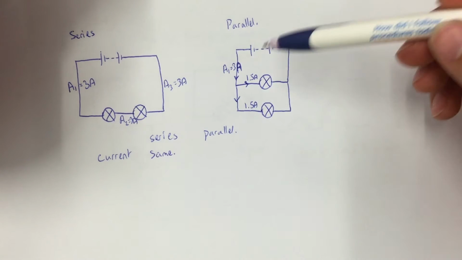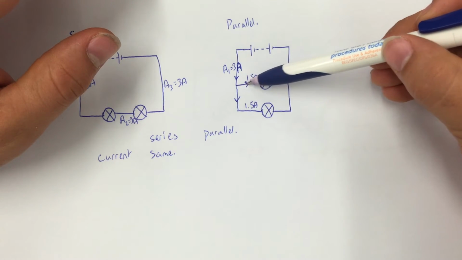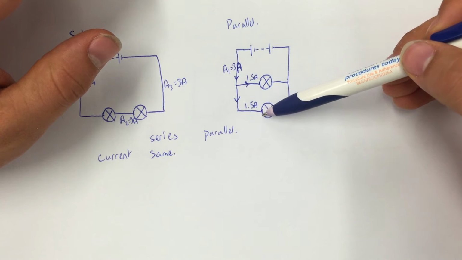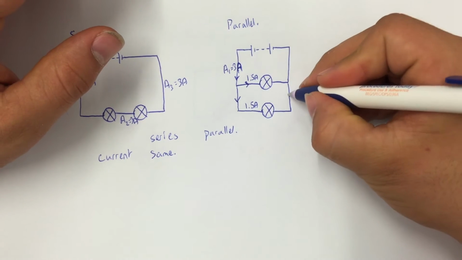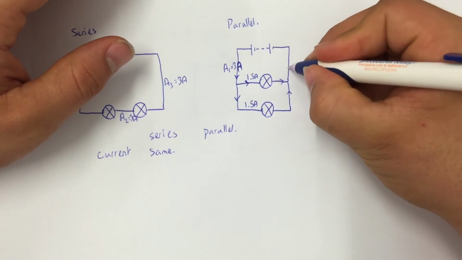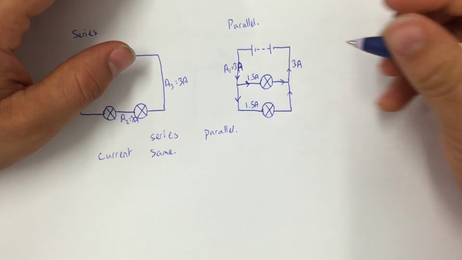Now if you think of this as like roads, then I would have half my cars go this way, half my cars go this way, and then over here when they join back up, I'm going to get all my cars back again, so I would then get 3 amps.